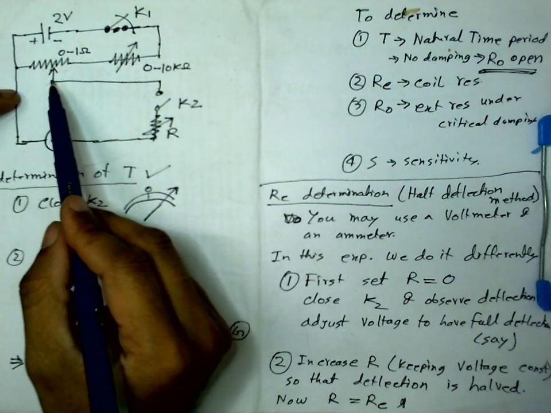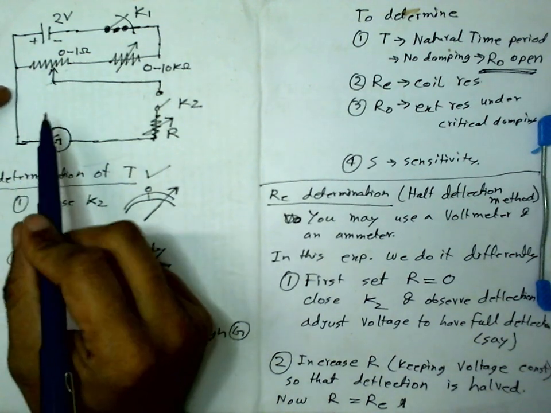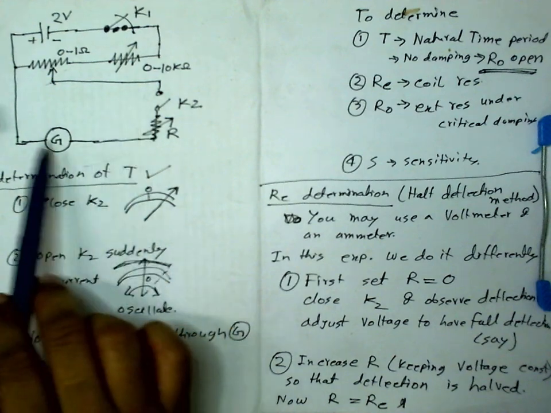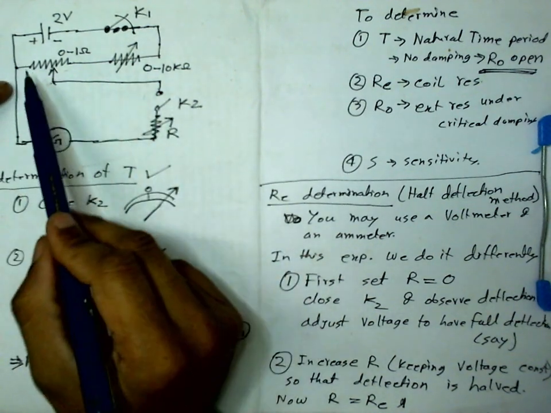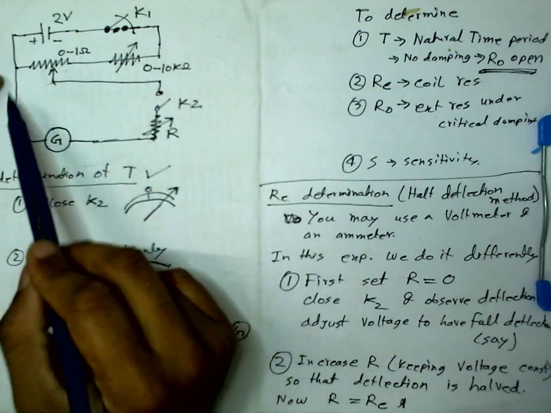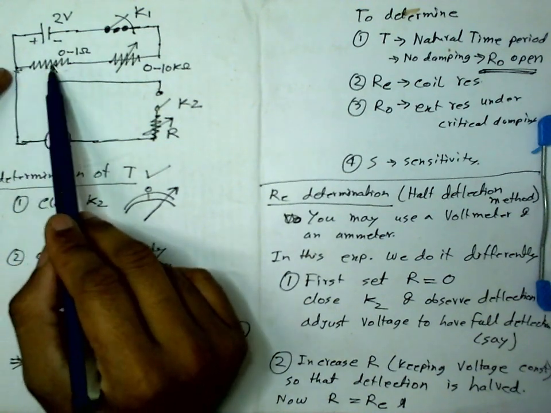That's the assumption. Now we can argue that this voltage is actually not very constant, because I'm changing this resistance, so this arrangement will not keep the voltage between these two points constant.